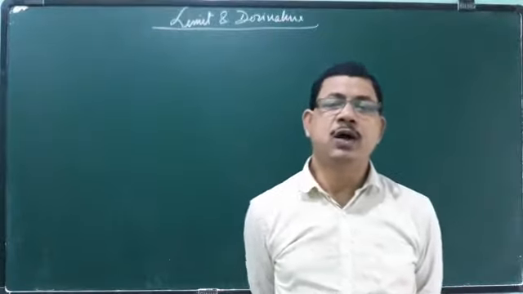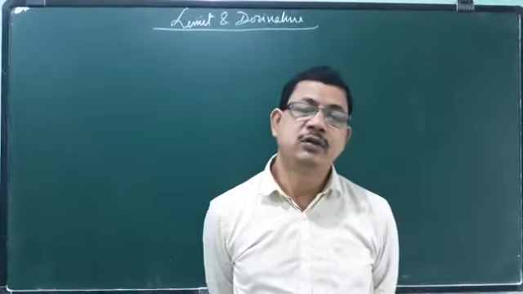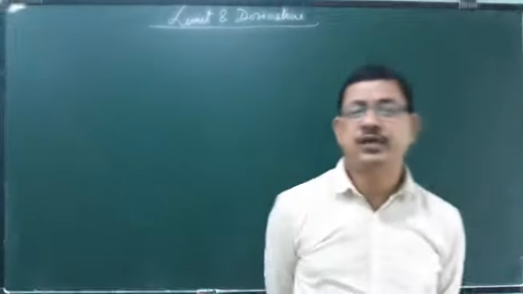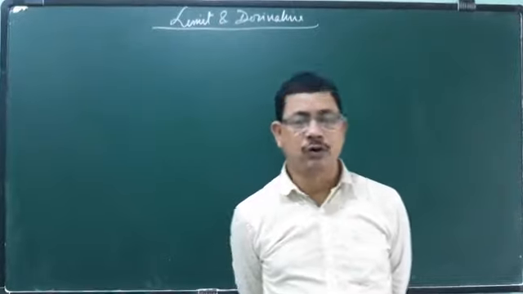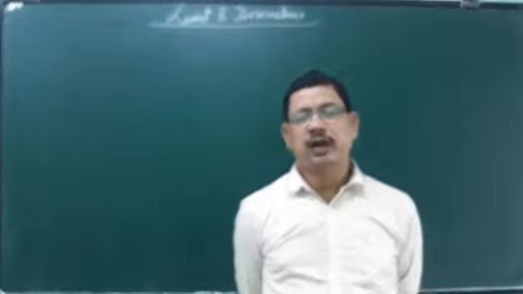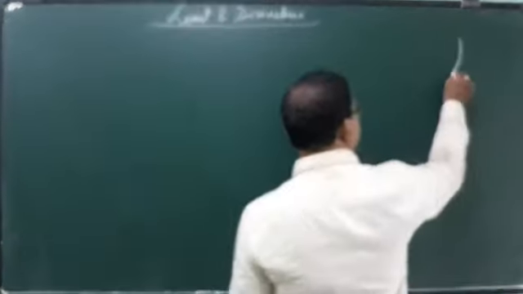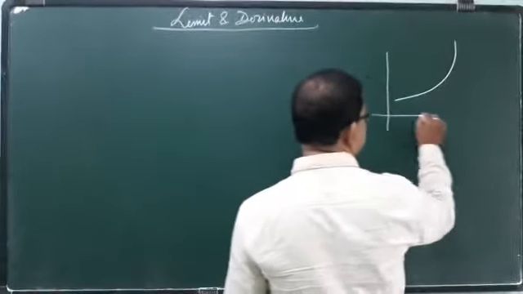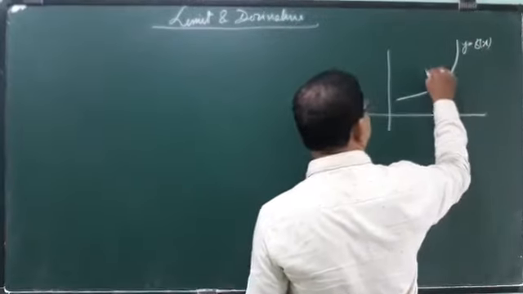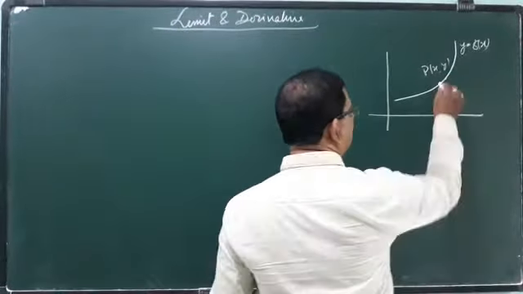Derivative also has one geometrical meaning. It is the slope of the tangent at that point. Slope means the trigonometrical tangent. Geometrical meaning of dy/dx: suppose this is a curve y is equal to f(x), and we take a point P(x, y).